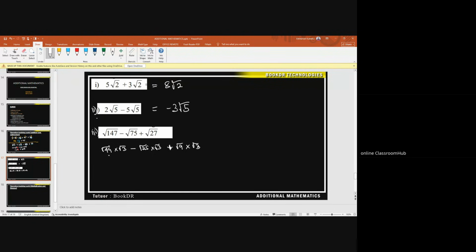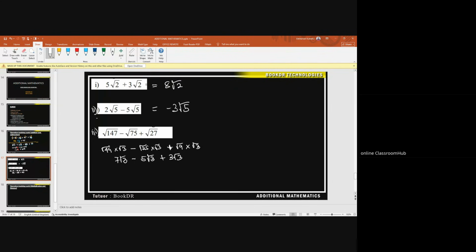So when you find the square root of 49, which is a perfect square, that will give us 7. So this one was simplified as 7 root 3. Then the square root of 25 is 5, so 5 root 3. And the square root of 9 is 3, so 3 root 3.